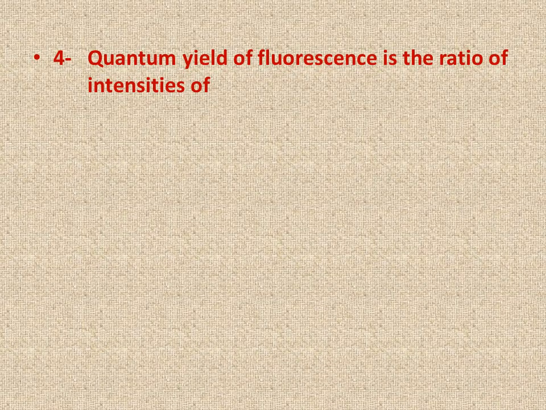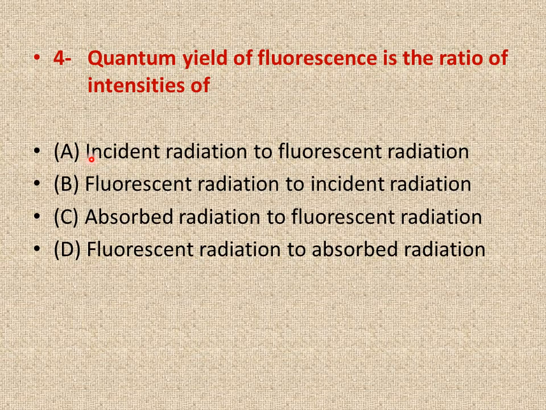Then question number 4. Quantum yield of fluorescence is the ratio of intensities of, let's see the options. A is the incident radiation to fluorescent radiation, B is fluorescent radiation to incident radiation, C is the absorbed radiation to fluorescent radiation, while D is fluorescent radiation to absorbed radiation.